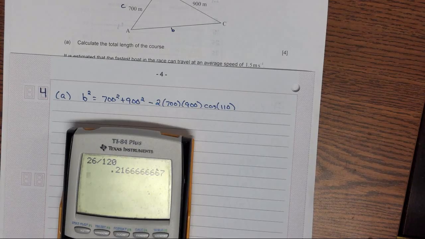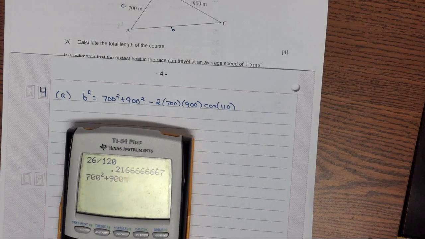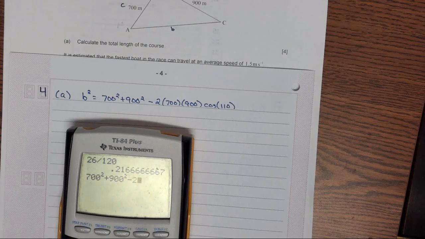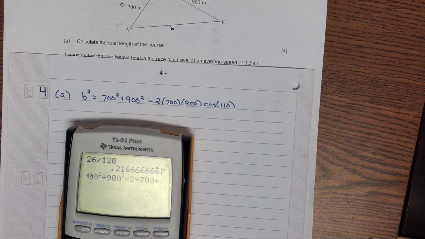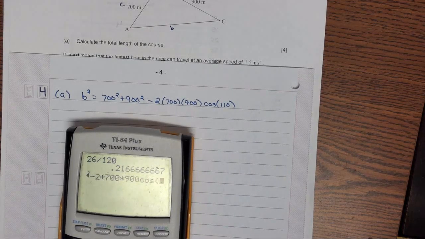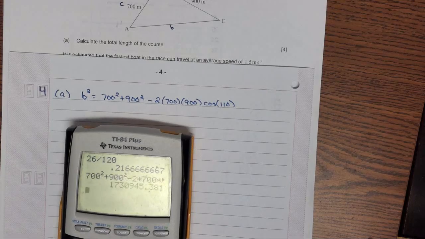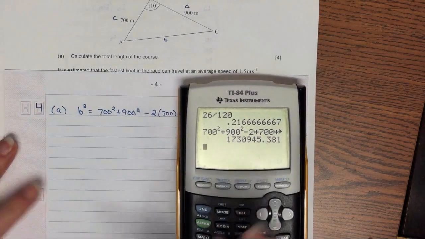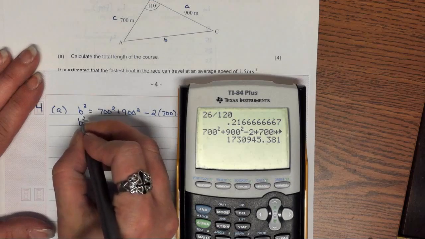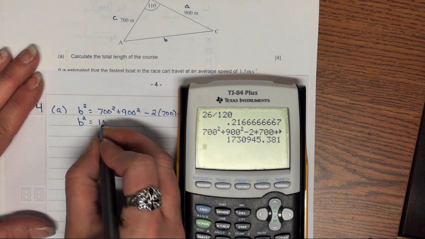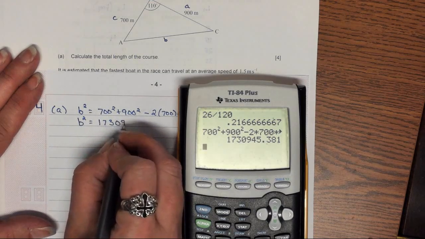So let's see. We need to do 700 squared plus 900 squared minus 2 times 700 times 900 cosine 110. And that gave me a really long number. Now remember, that's what b squared is. I would actually show this step.